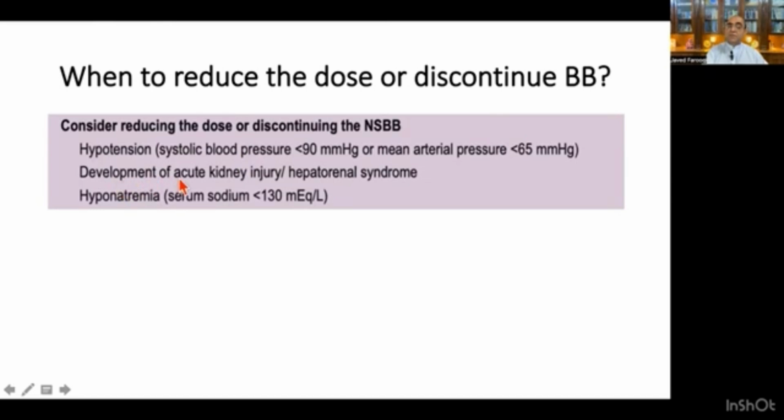If the patient has developed acute kidney injury or hepatorenal syndrome, again you need to reduce the dose or temporarily stop the beta blockers. Or if the patient has developed hyponatremia, when the serum sodium is less than 130 milliequivalent, again you need to reduce the dose or preferably discontinue the non-selective beta blockers.